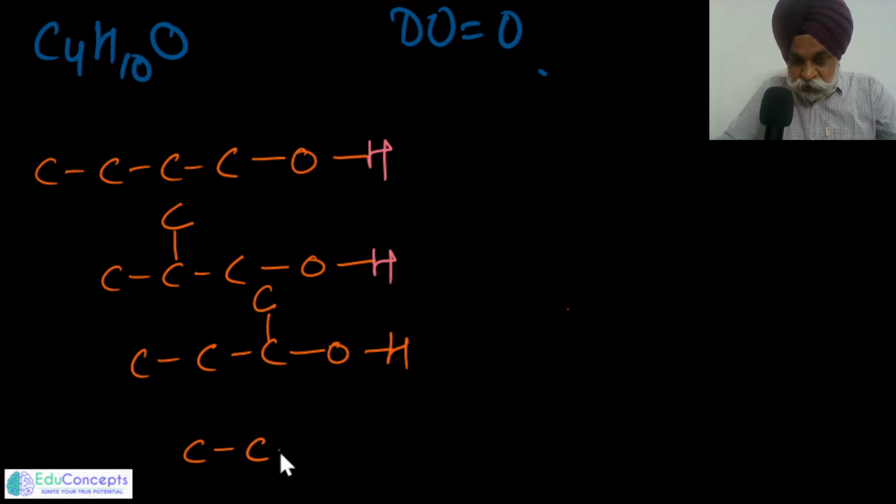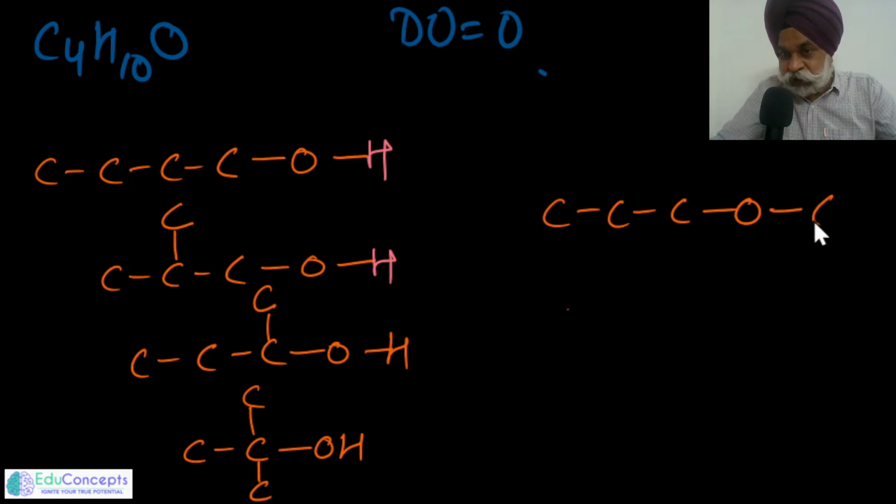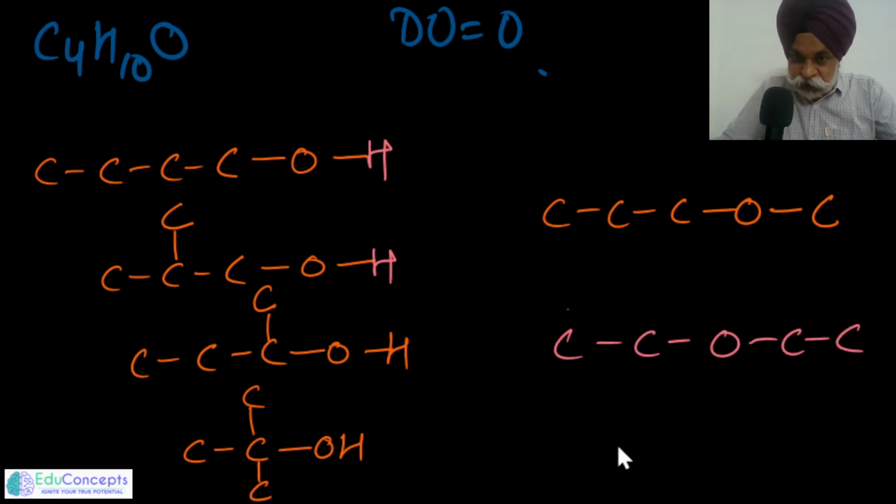Similarly, if I put OH here and here, these also become different. All of these are alcohols, but somebody can keep the oxygen in the center instead of at the corner. So there is another possibility like this, and another possibility something like this also.